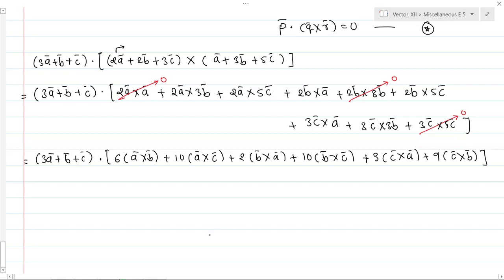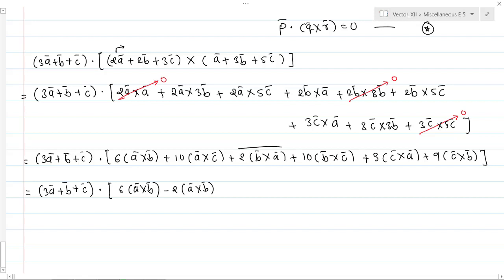Can we simplify further? Yes, definitely. It equals 3a bar plus b bar plus c bar dot, 6 a bar cross b bar, and b bar cross a bar is minus a bar cross b bar, since the commutative law is not applicable and we have to give the negative sign.